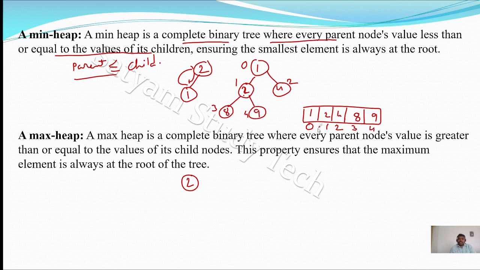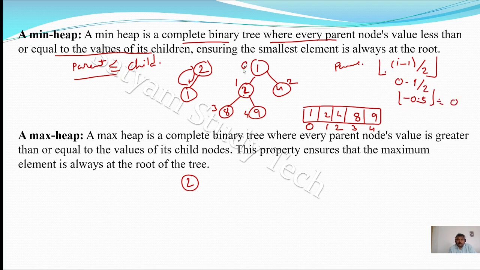Now how do you check? This is a parent. How to find the parent of i? That value is (i - 1) / 2. So this is the parent node. For example, if the i value is 0, then (0 - 1) / 2 is minus 0.5, but you have to consider only the floor value, that is 0.